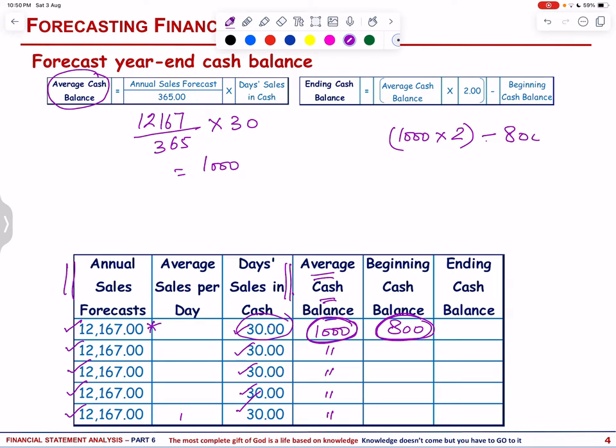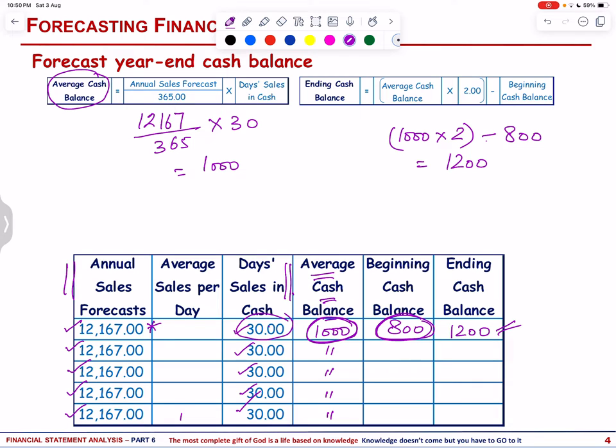So this will give us 1200. Now the beginning cash balance is 800 and the ending cash balance is 1200 for year number 1.